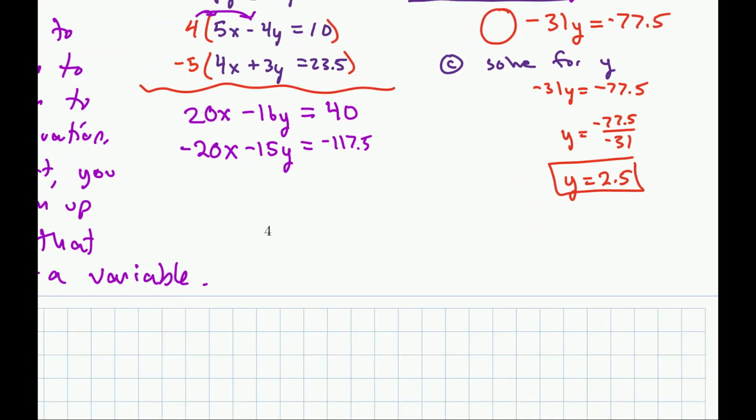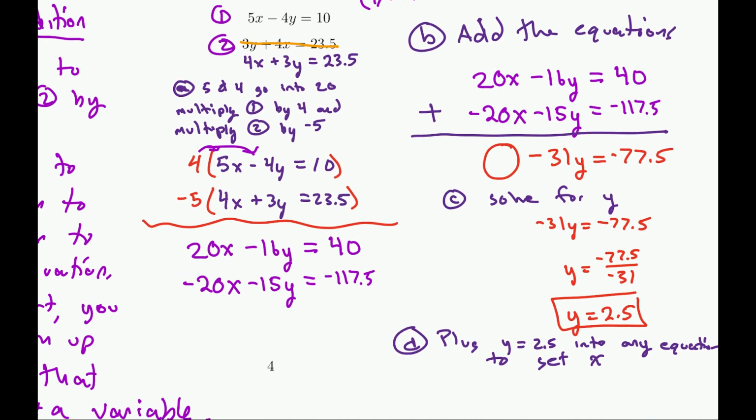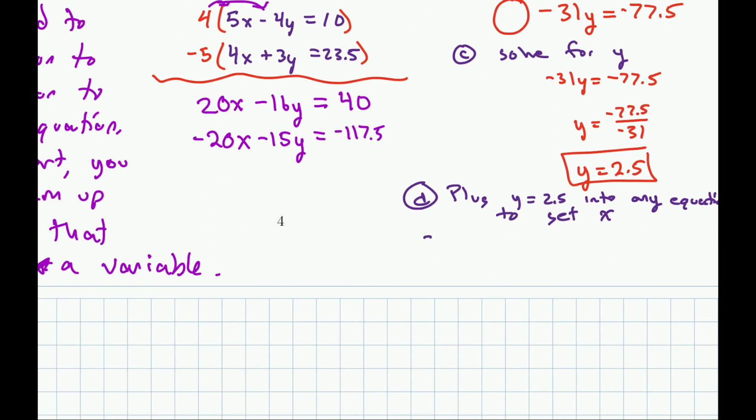Part D: plug y equals 2.5 into any equation you've got to get x. One of the equations was 5x minus 4y equals 10. So you put in the 2.5, and you get 5x minus 4 times 2.5 equals 10.